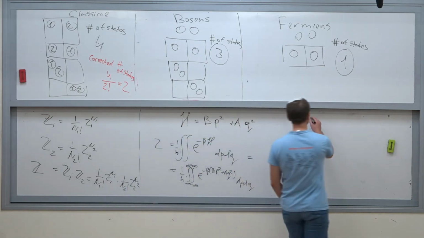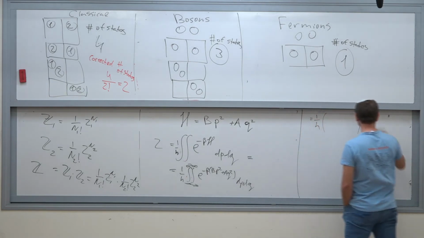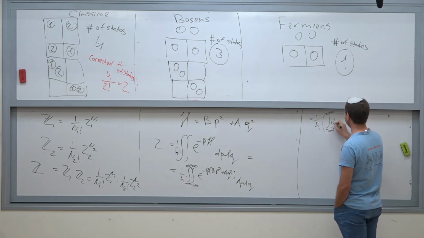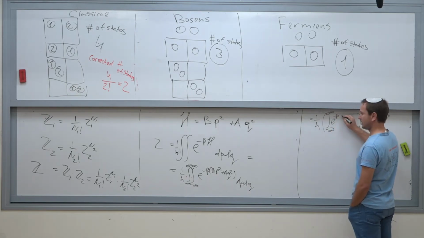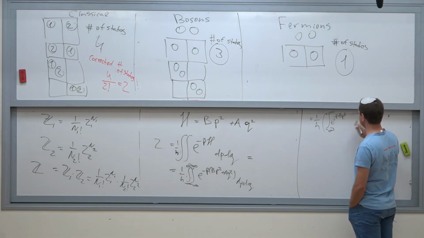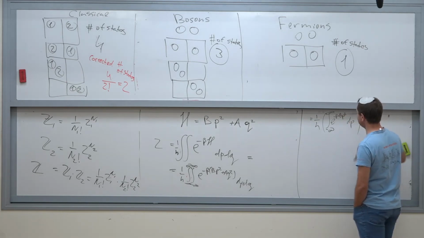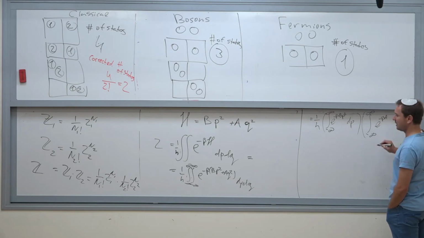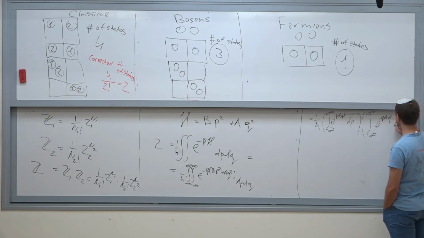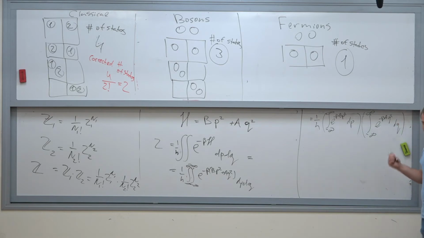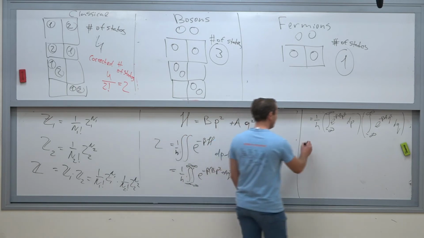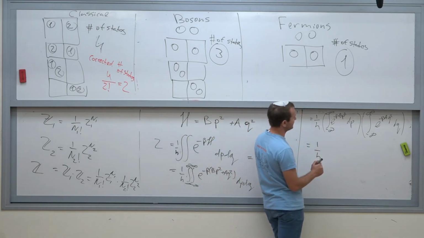This equals 1 over h. The first integral is the integral from minus infinity to infinity of e to the minus beta b p squared dp, and an integral from minus infinity to infinity of e to the minus beta a q squared dq. So we have a simple multiplication of Gaussian integrals. Each of them is simply computed.